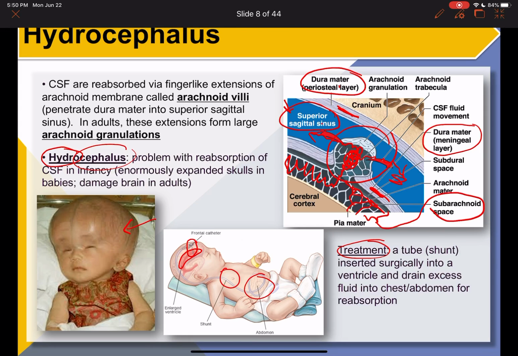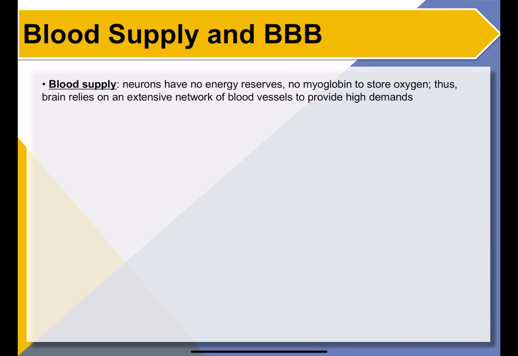Now, unlike muscle cells, neurons don't have any energy reserves like glycogen or creatine phosphate. Neither do they have myoglobin as a backup supply of oxygen, and hence the brain is heavily dependent on the circulatory system via blood vessels and all the vasculature they provide to meet the energy and oxygen demand of the brain, which is in high demand.